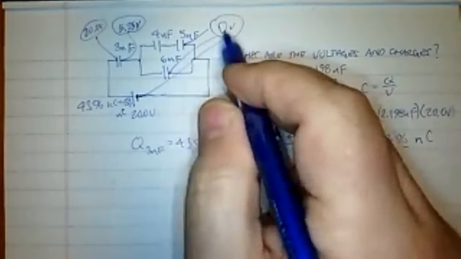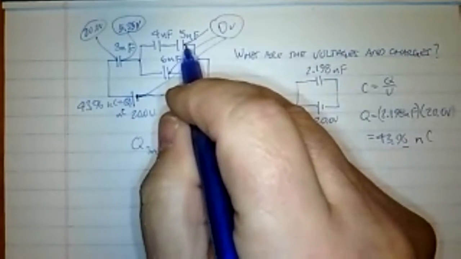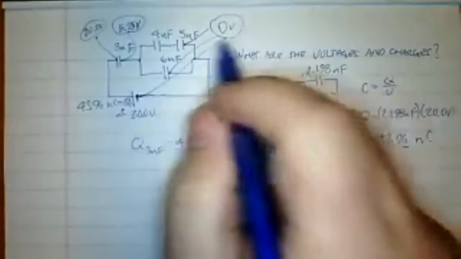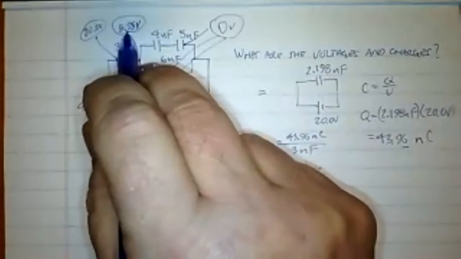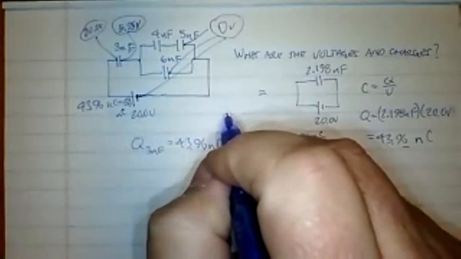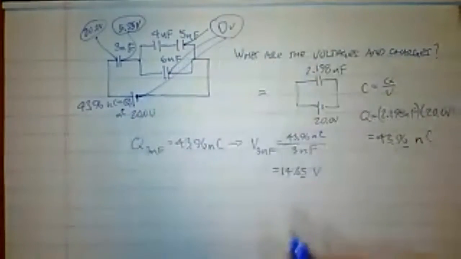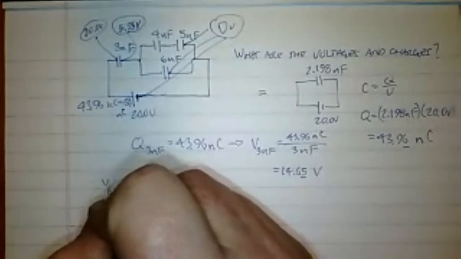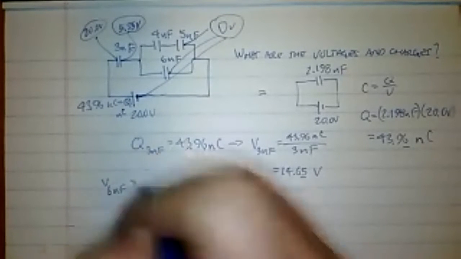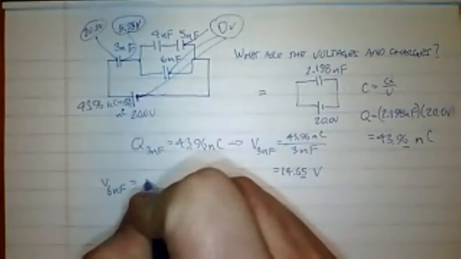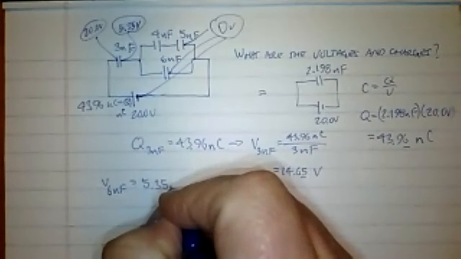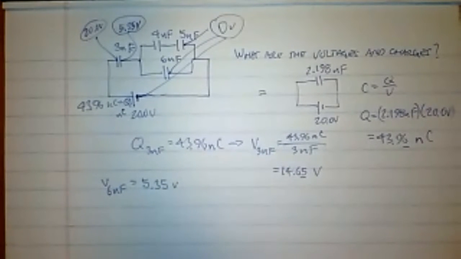Now, in reality, the wire actually has some resistance, so maybe it's 0.1. But the main thing is the vast majority of this 5.35 is going across these guys. So I know the voltage on the 6 nanofarad capacitor. So V6 nanofarad is going to be 5.35 volts.